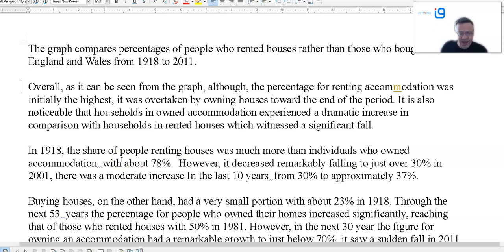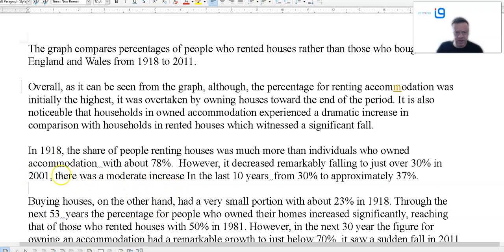With about 78%, it decreased remarkably, to just 50%. So there's a lot of data missing here. So you've got 1918, then it goes from 1918 to 2001.